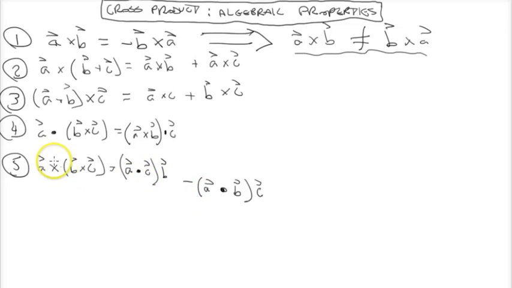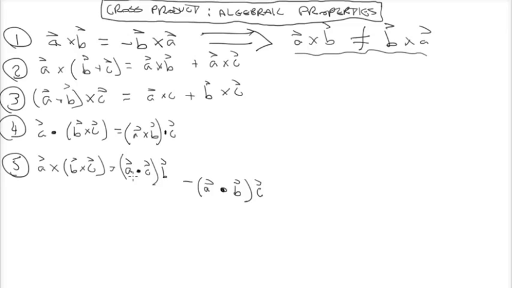How can a cross product turn into dot products, and dot products are a scalar, not a vector? Well, that's because it's really scalar multiplication. You're multiplying a scalar by a vector, and you're multiplying a scalar by a vector. So you still end up with a vector, just not one that you have to find using a cross product, which is sometimes really nice when you're doing proofs, just because cross products are a lot trickier to solve than dot products.